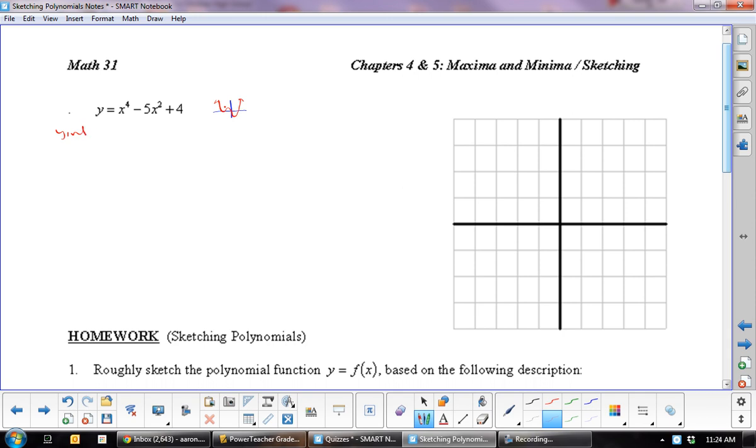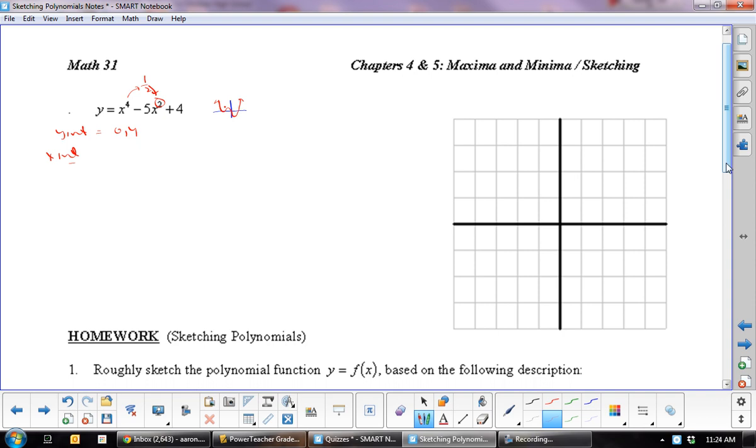Y int, this would be 0.4. The x int, now this one here, if this degree is half of this degree, you can treat them just like normal quadratics.